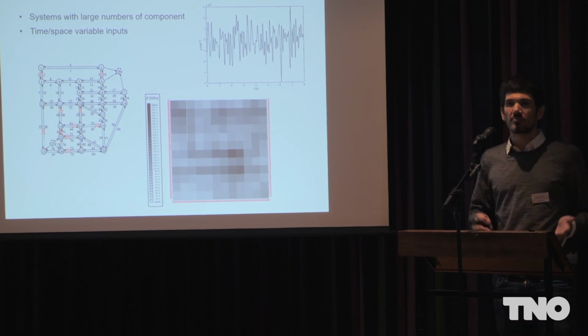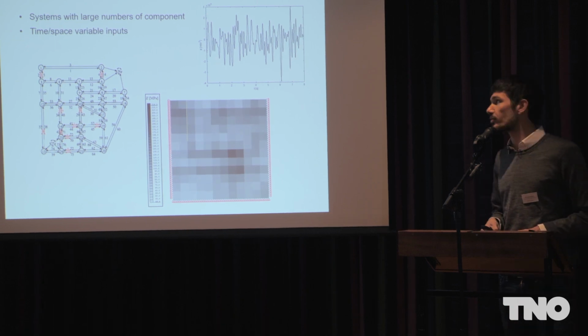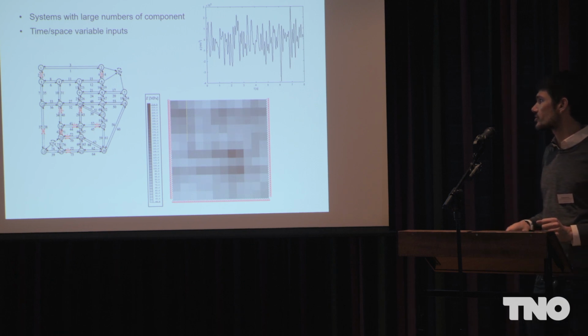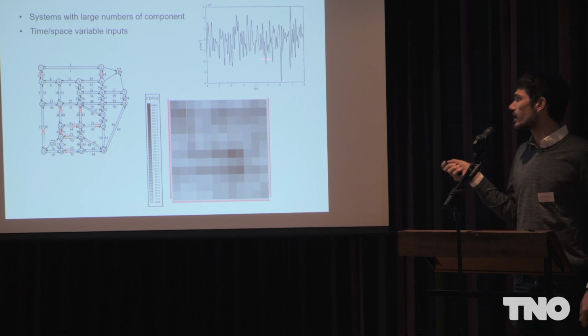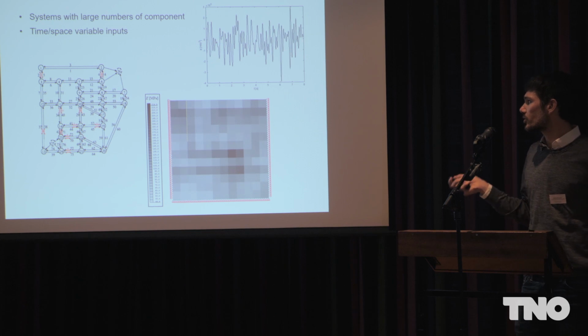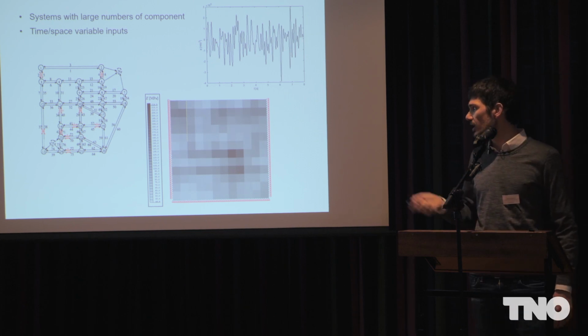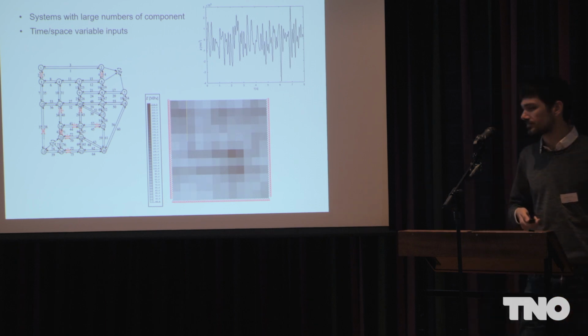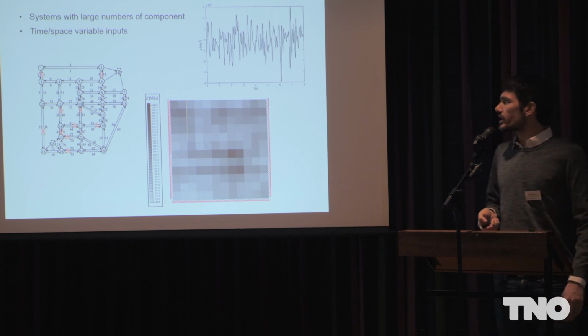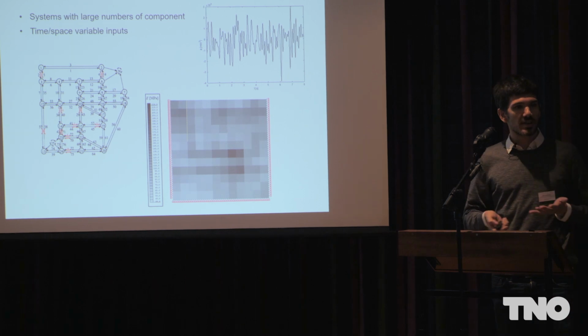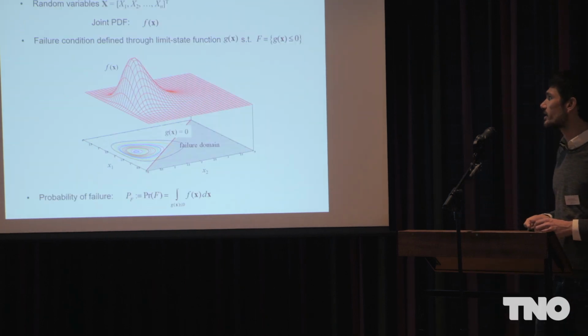And this number can potentially be very, very high. Examples here are discretization of a random process or a random field through a large number of random variables. So this is the motivation, the reason why we're here today.